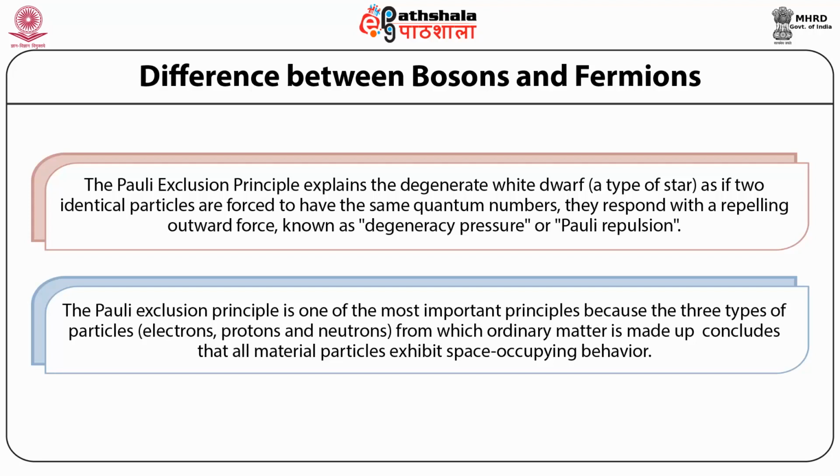So let us summarize what we have learned. The Pauli exclusion principle is significantly important because it describes the quantum state of electrons. This is a building block for the development of the atomic spectrum.